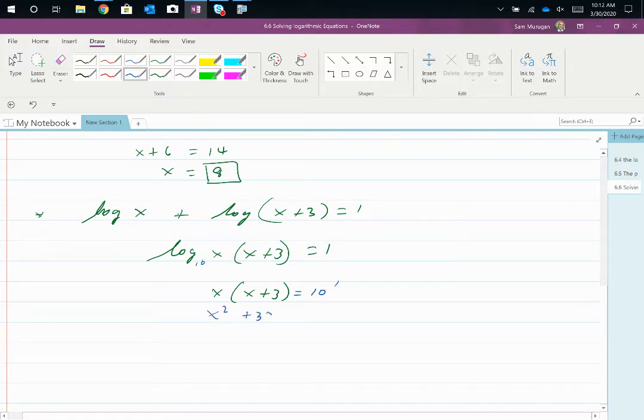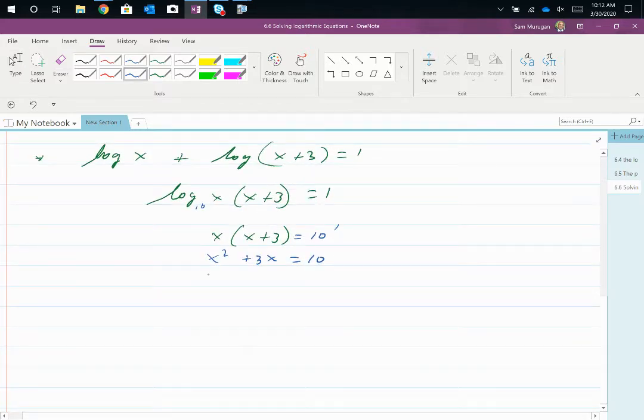Distributing, we have 10. So x squared plus 3x minus 10 is equal to 0. And factoring, we've got x plus 5, x minus 2 is equal to 0.